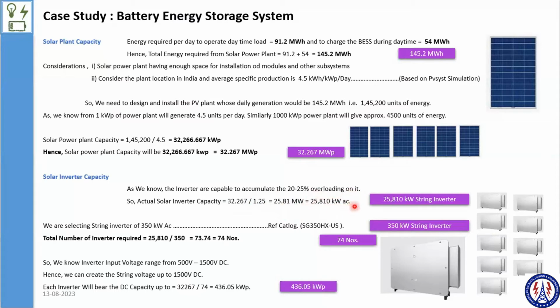Now from here onwards, you have two options. You can go for a central inverter of individual one megawatt or 2.5 megawatt capacity each, or you can go for a string inverter. It's a choice based upon the site conditions and scenarios, as well as how commercially you are closing the deals with your vendor. Here I considered string inverters, with a rating of 350 kilowatt.